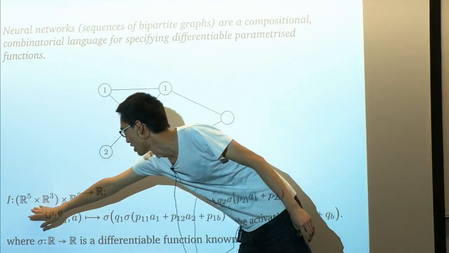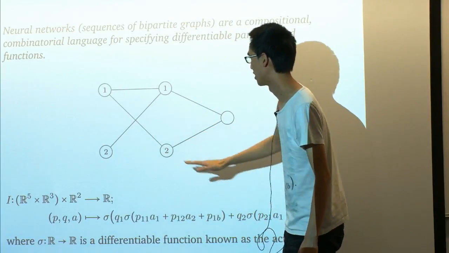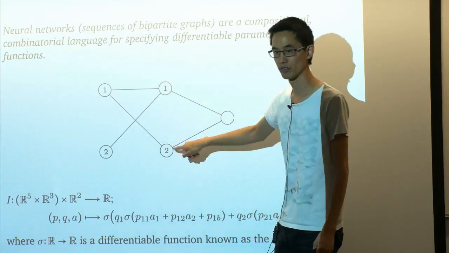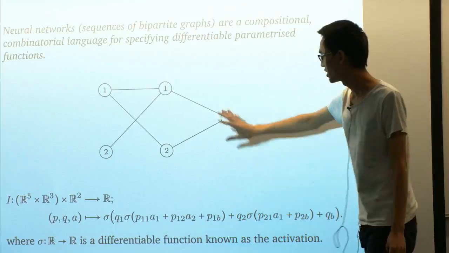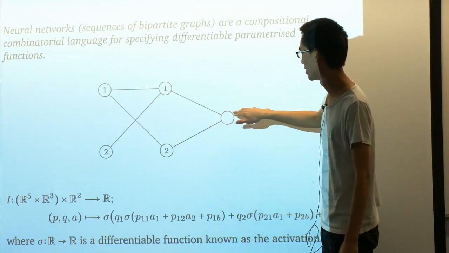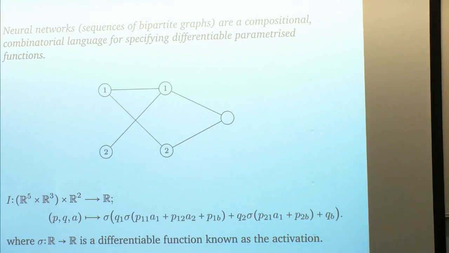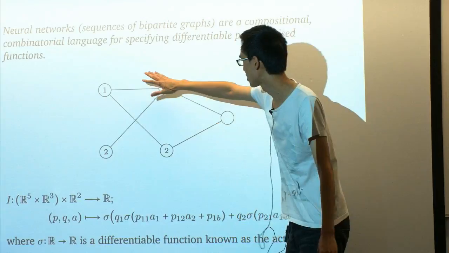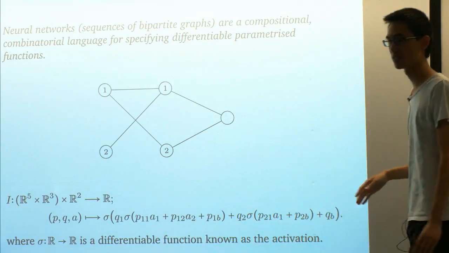And I've split the parameters up. This is thought of as a composite of this first layer and the second layer. So in the first layer, we have 5 parameters. We have 3 edges and 2 nodes. So this is this R to the 5 here. In the second layer, we have 2 edges and 1 node. So we have this R to the 3 here. The parameters associated with the edges are called weights, and the parameters associated with the nodes are called biases.